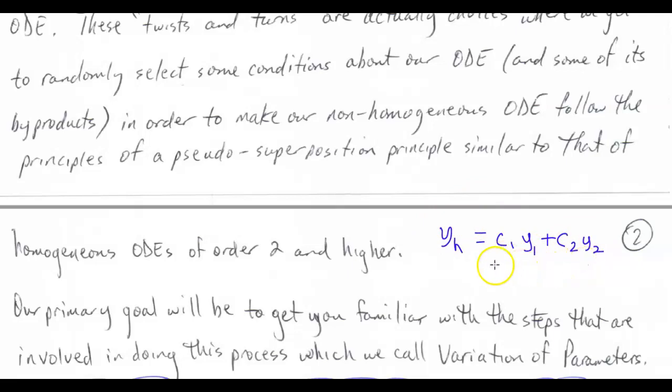Now, the fact that we are able to assume this, knowing that C1 and C2 are constants, is the thing that basically embodies the superposition principle.